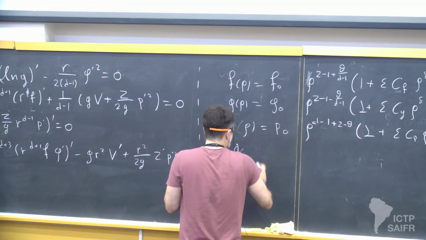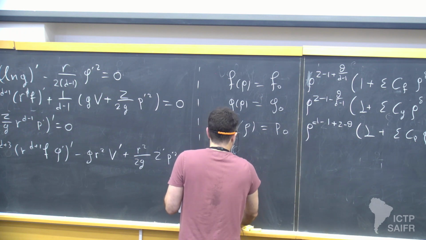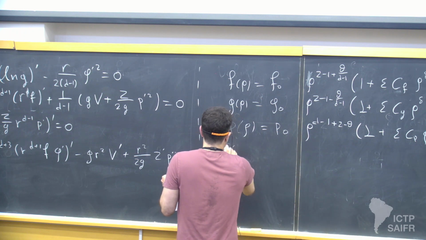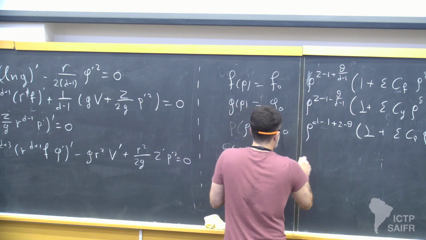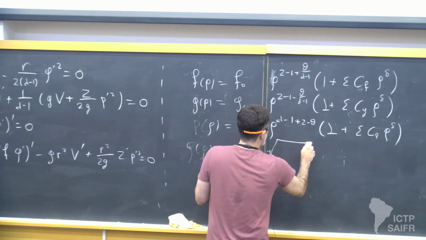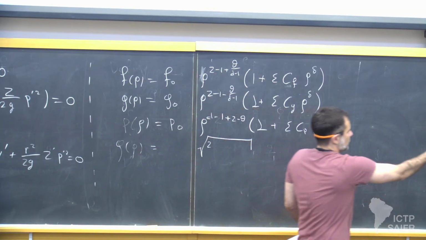And similarly for phi, I will have this ugly square root, the one over here.